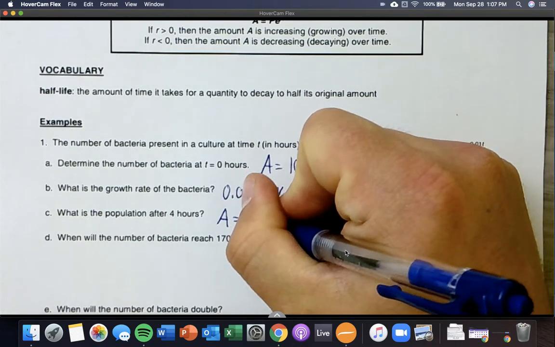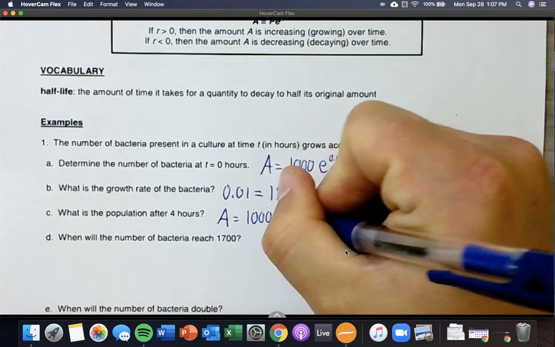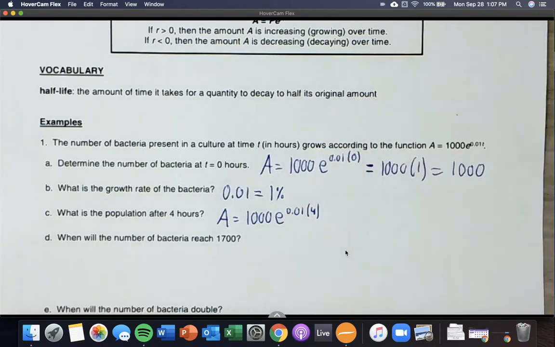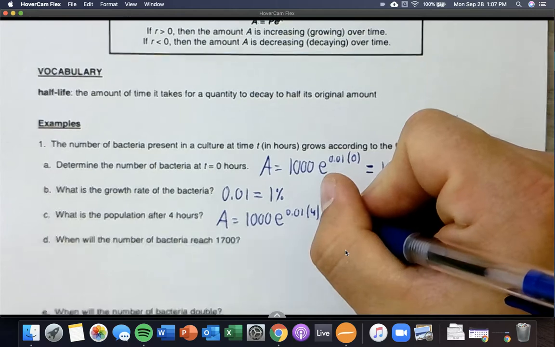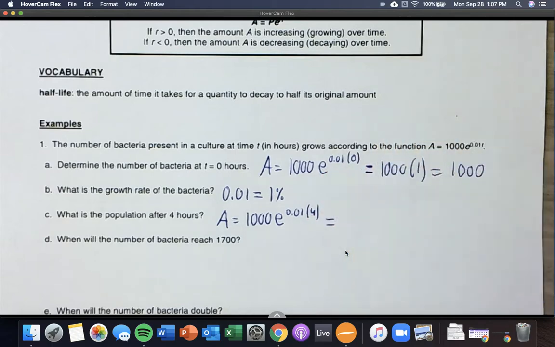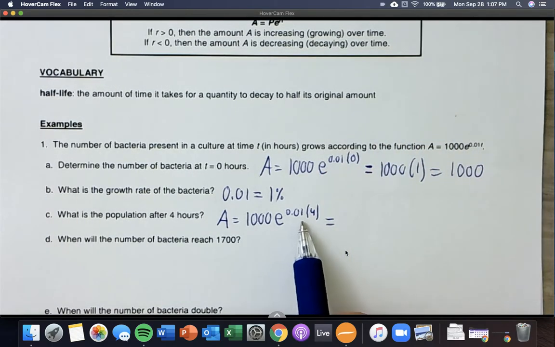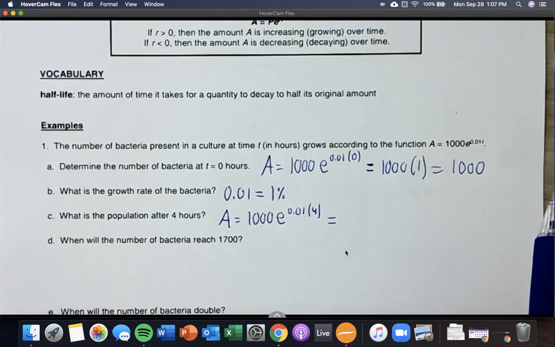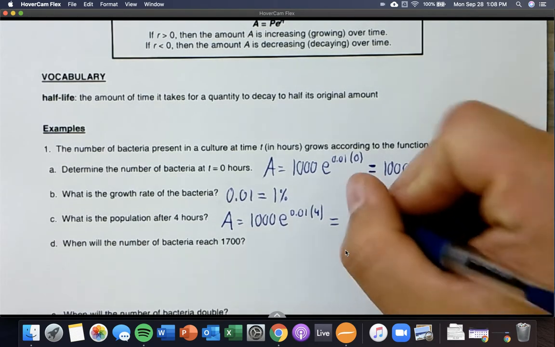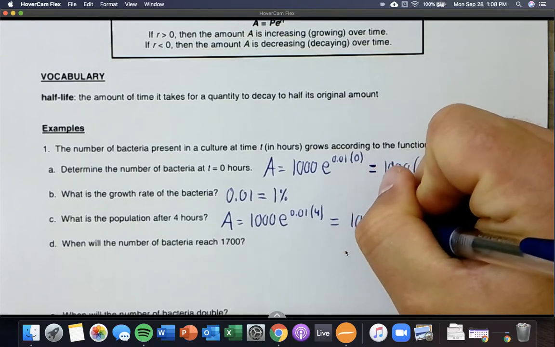So we plug into our equation: 1000 e to the 0.01 times 4 this time. 0.01 times 4 is just 0.04, and we can plug this into our calculator, make it nice and easy on ourselves. We would just do e raised to the 0.04 power times 1000, and we end up getting 1040.8.